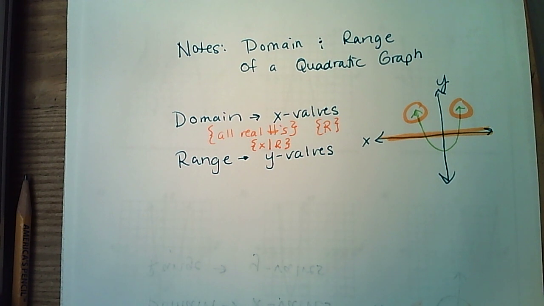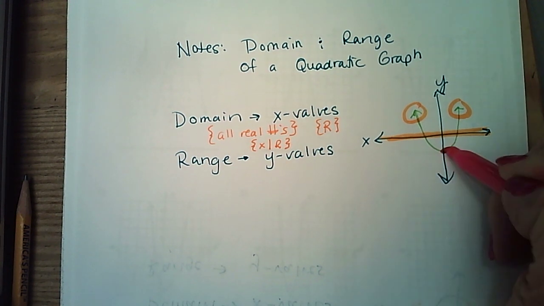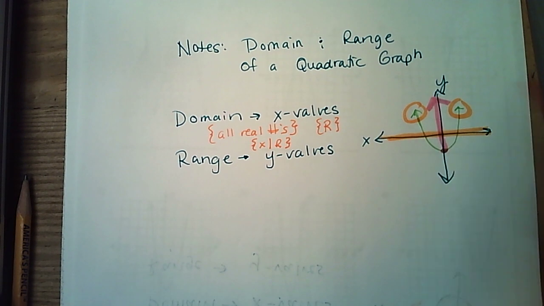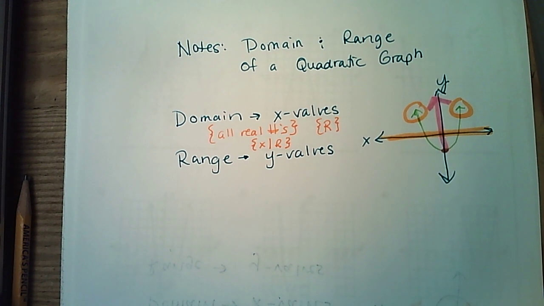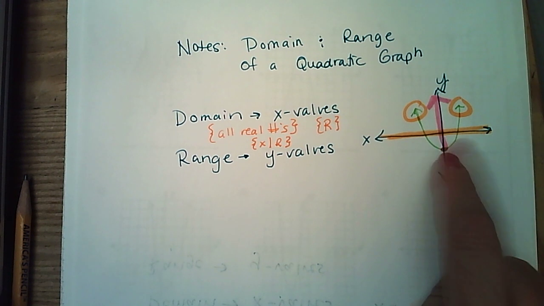So how does the range become wonky? The range becomes wonky because the range does have a set value. The range is everything inside of my graph. So it's from my vertex point here up forever. So it's always going to be an inequality with whatever the y value is in my vertex.